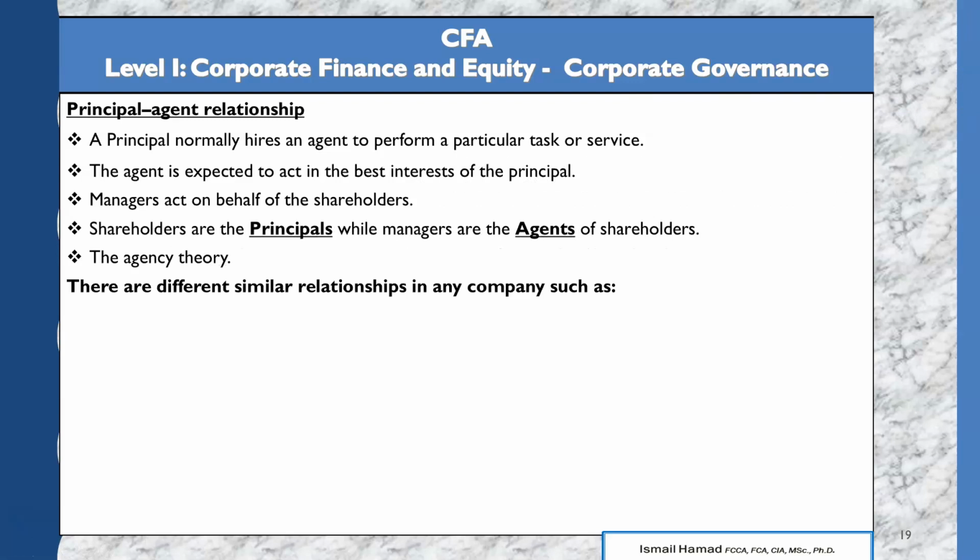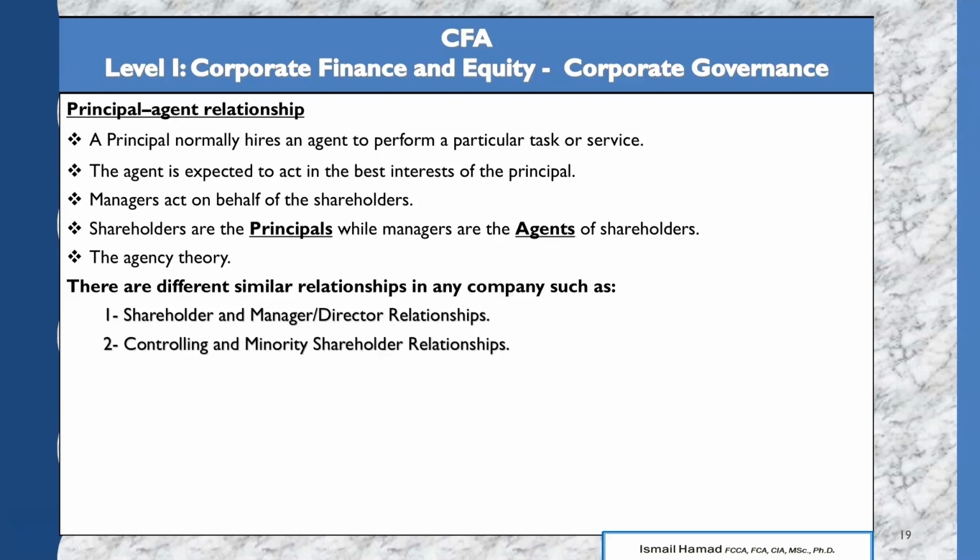There are other conflicts of interest. It's not only about the principal and agent, shareholders and manager. I think I discussed this in the previous slide, that between shareholders and managers there is a conflict. The relationship might not go hand in hand. Also, controlling versus minority shareholders. If a shareholder owns 70% of the company and very few own a scattered number, that shareholder can influence the decision.